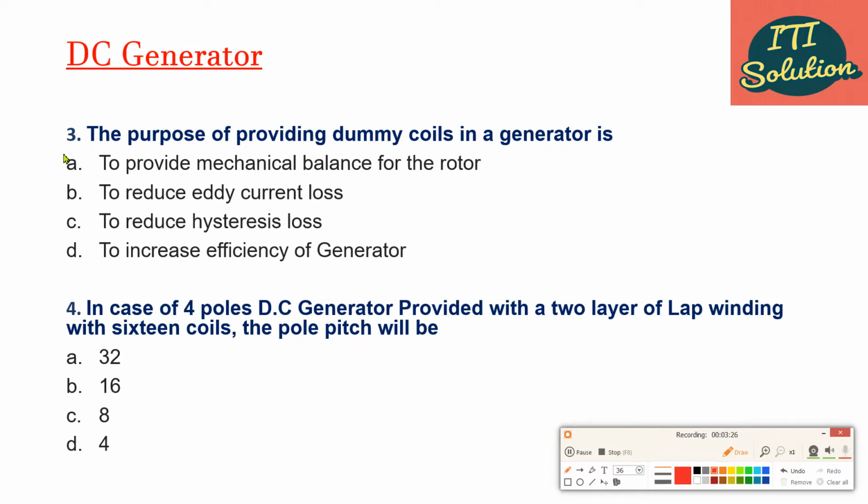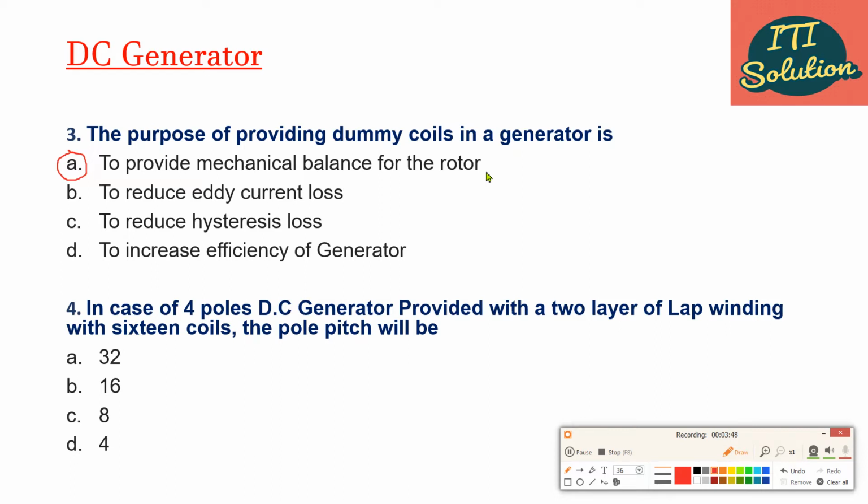The correct answer is option A, to provide mechanical balance for the rotor, because a rotor having some slots without winding would be out of balance mechanically. Dummy coil is used with wave winding, whose end sides are short and taped.